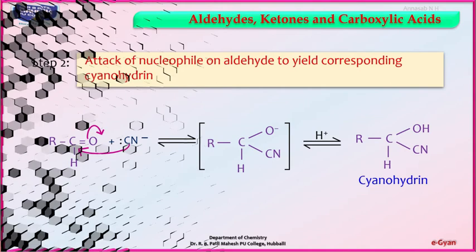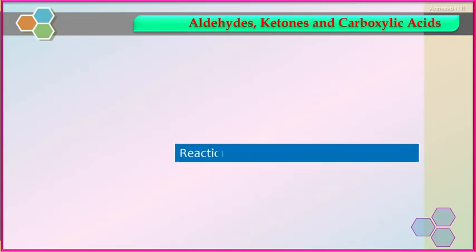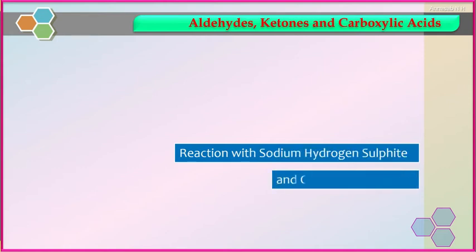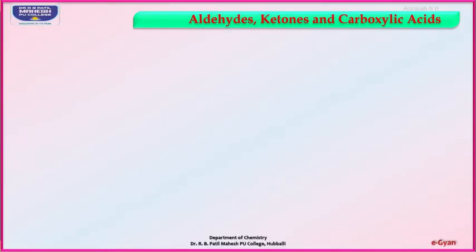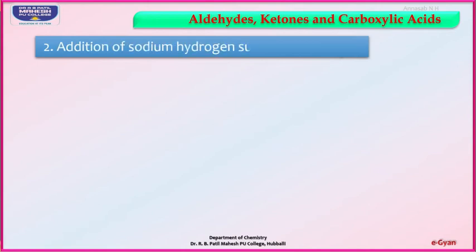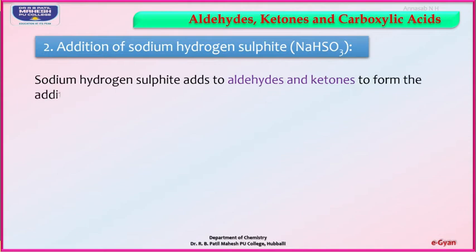Moving to the second nucleophilic addition reaction, that is reaction with sodium hydrogen sulfite and Grignard reagent. Addition of sodium hydrogen sulfite, the formula is NaHSO3. When sodium hydrogen sulfite adds to aldehydes or ketones, it forms an addition product. We have a carbonyl group, it may be aldehyde or ketone, C double bond O, that reacts with NaHSO3, sodium hydrogen sulfite.